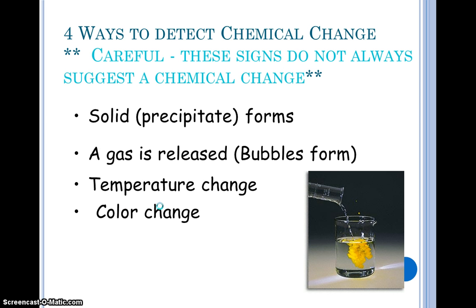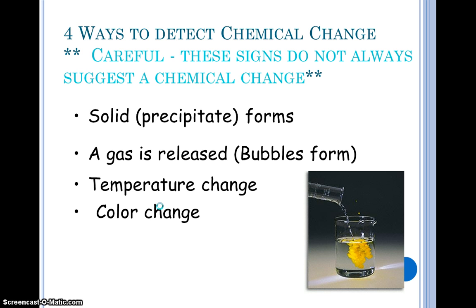Now, one thing that we're really going to investigate tomorrow in lab is the difference between a chemical change and a physical change. So these signs are things that we need to look for to determine whether something chemical or physical is happening. I'm going to explain these in much more detail tomorrow at the beginning of class to give you a better visual idea of what you're looking for.